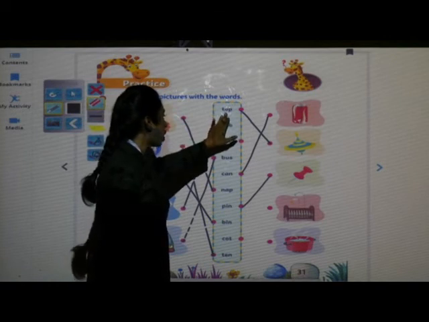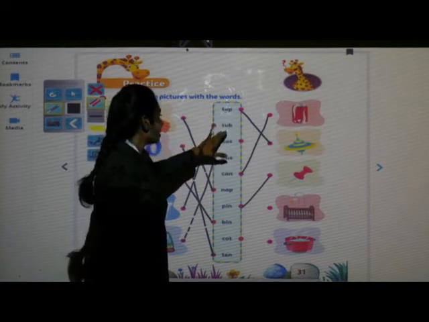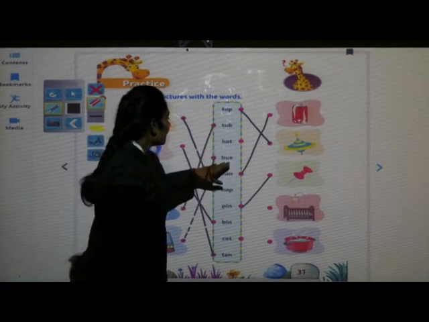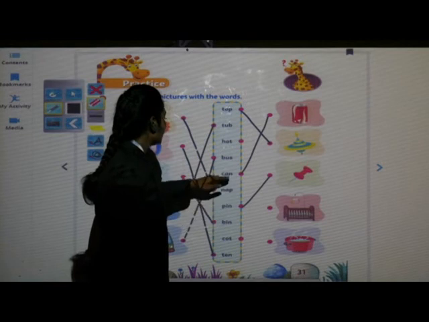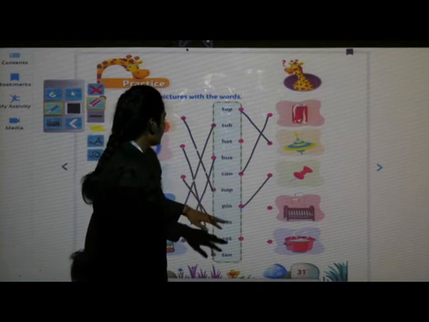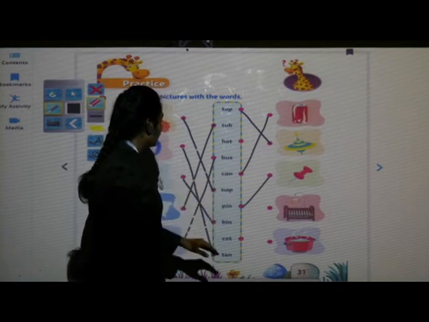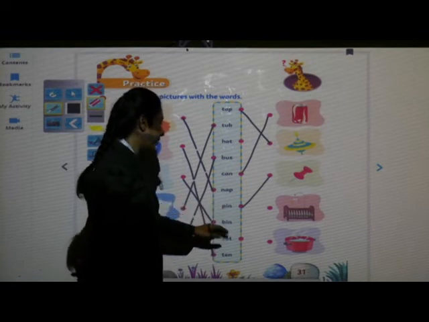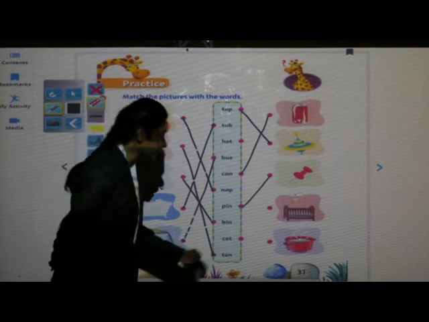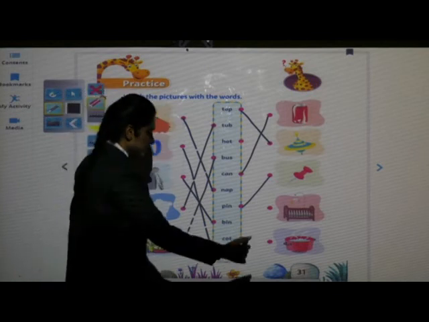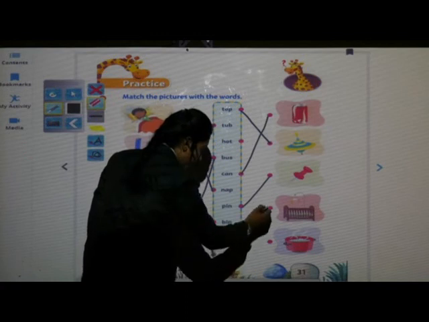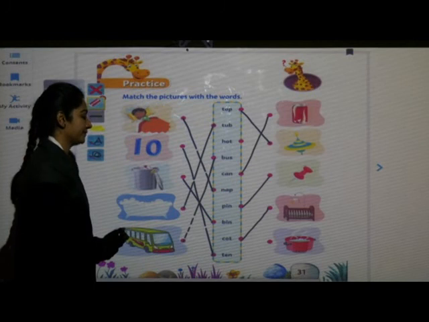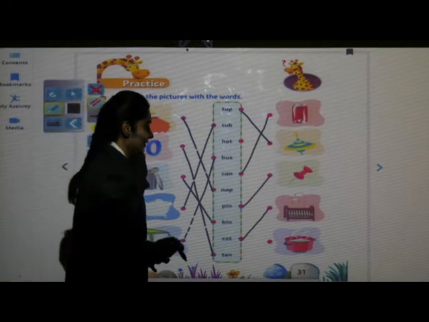Say T-O-P top, T-U-B tub, H-O-T hot, B-U-S bus, C-A-N can, N-A-P nap, P-I-N pin, B-I-N bin, C-O-T cot. Okay. So here is the picture of cot and you have to join it. C-O-T cot.